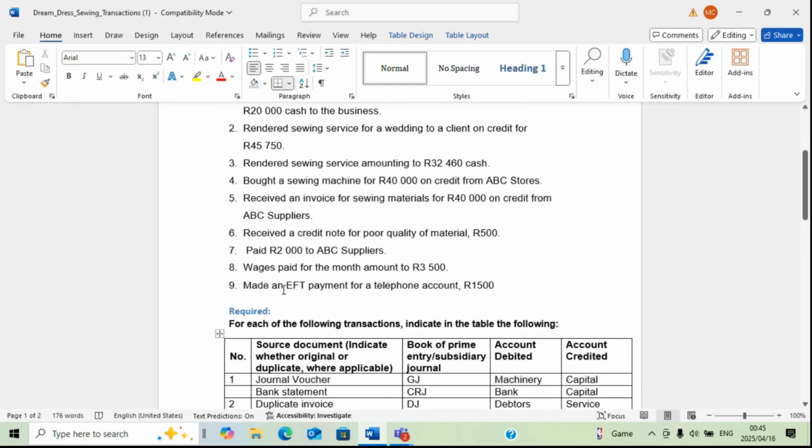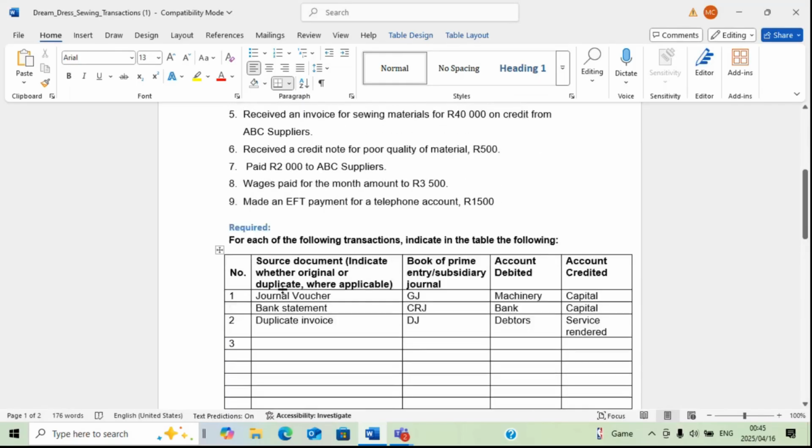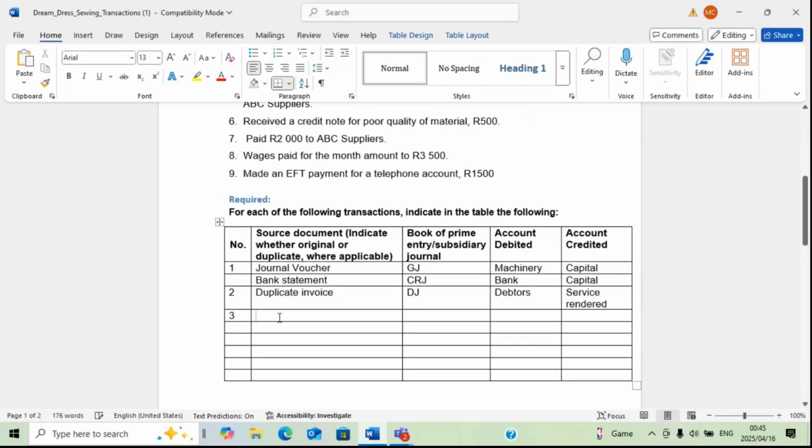So what is the source document when you render a service for cash? The source document is going to be a duplicate receipt.